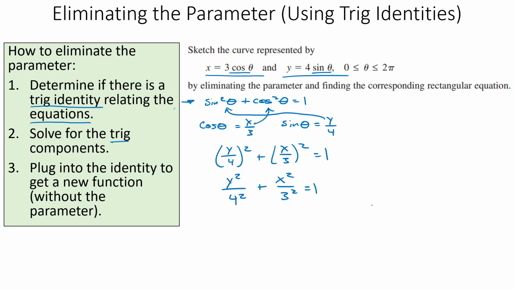Now, I don't know how far you got in your pre-calc or math analysis class, but this is the equation of an ellipse centered at 0, 0, because we don't have anything being subtracted from this x or this y squared. And our axis lengths are 4 and 3.